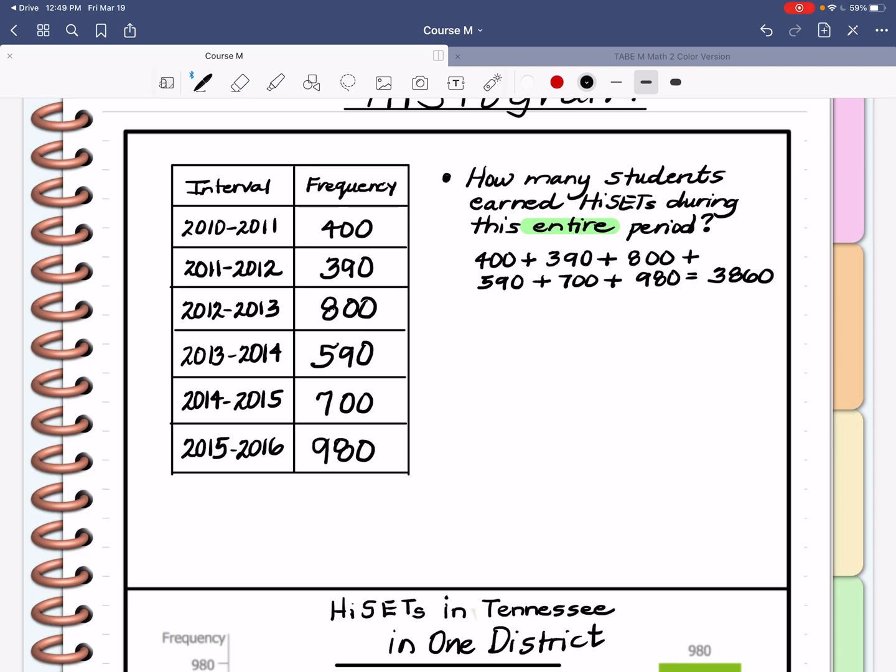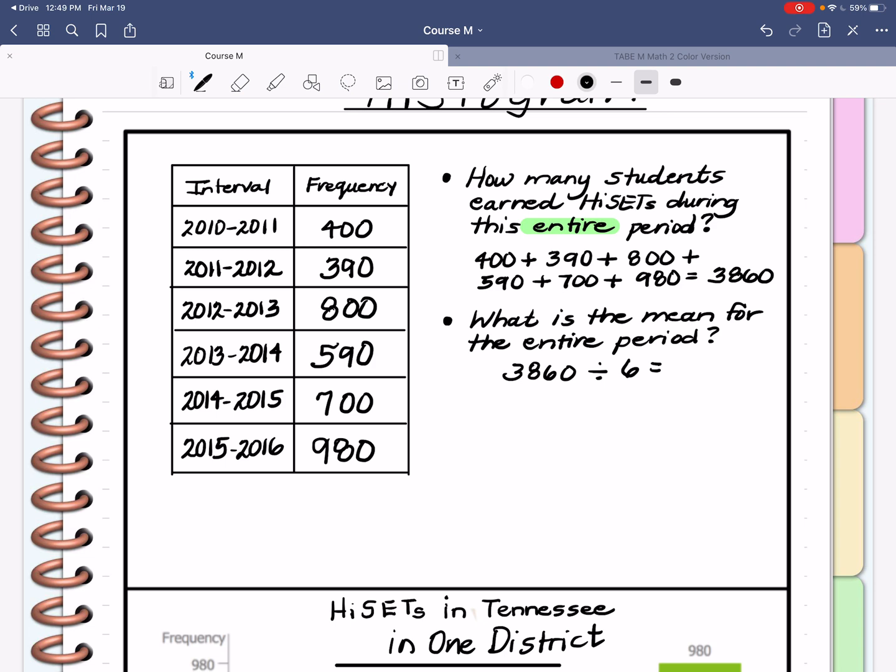So here's one question they could ask. Here's another one. What is the mean for the 6-year period? Or let's just say the entire period. Well, we're almost there. We've already done the adding, so we don't have to do that again. 3860 divided by 6 bars.